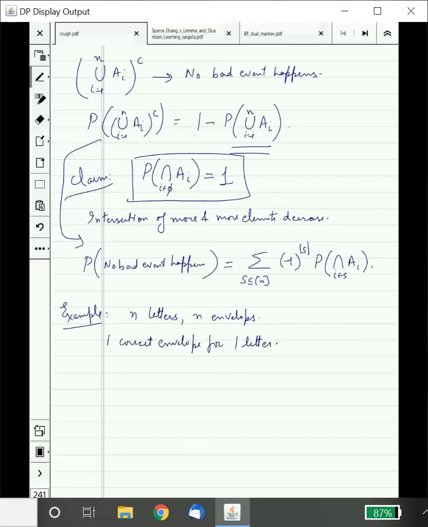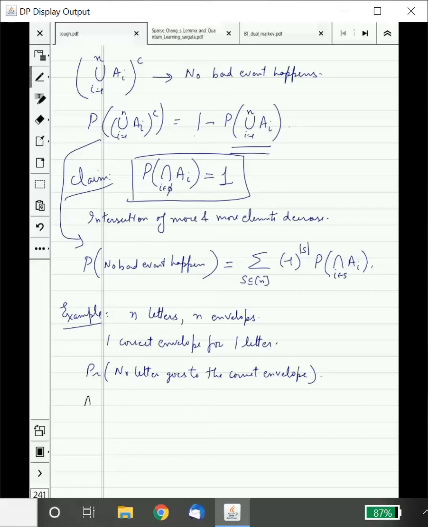And we are interested in the probability that no letter goes to the correct envelope. So we place the letters arbitrarily, randomly. So every permutation is equally likely. That is going to be our sample space. And the question is, what is the probability that no letter goes to the correct envelope?